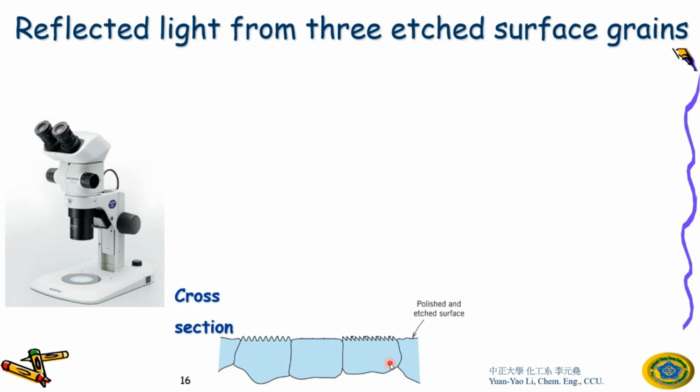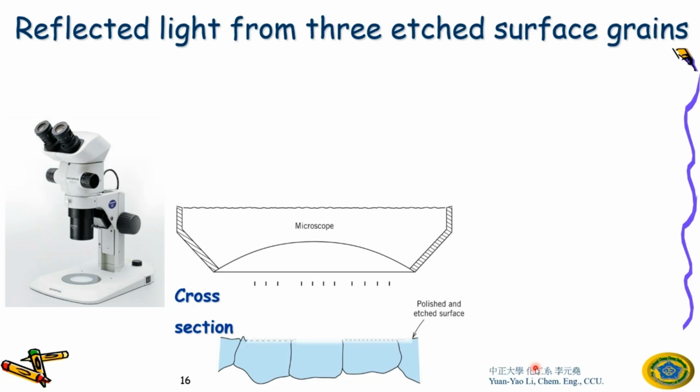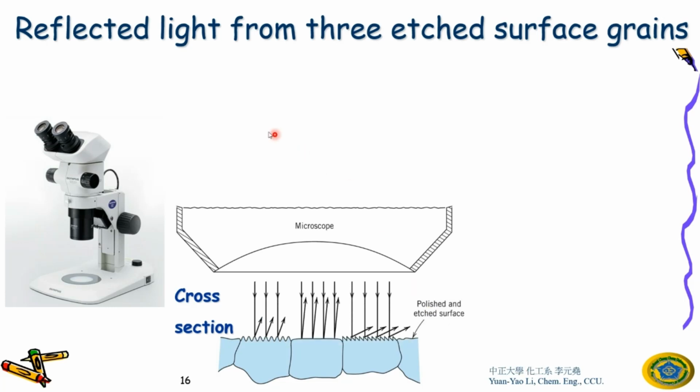So if we have a polished and etched surface, you already polished, and the surface looks like this. This is very smooth. This is a little bit rough. This is the roughest, most rough, right? Okay, so if you use a microscope and the light, this reflecting light goes into this and reflects like this.